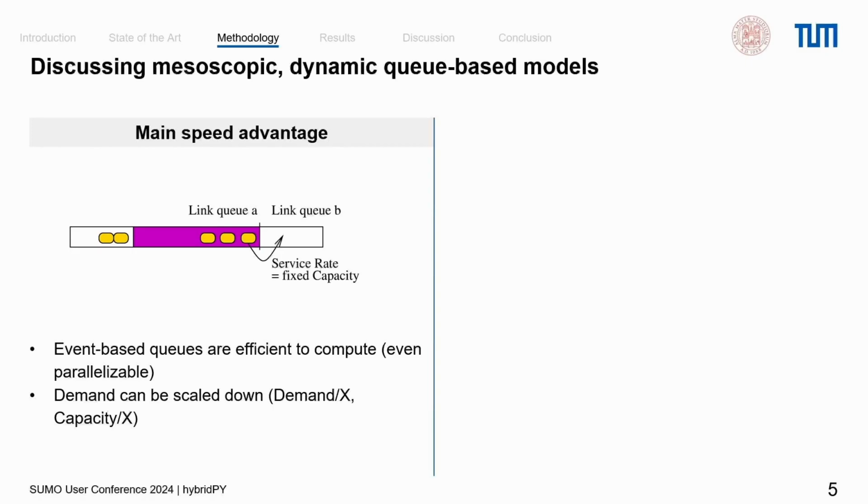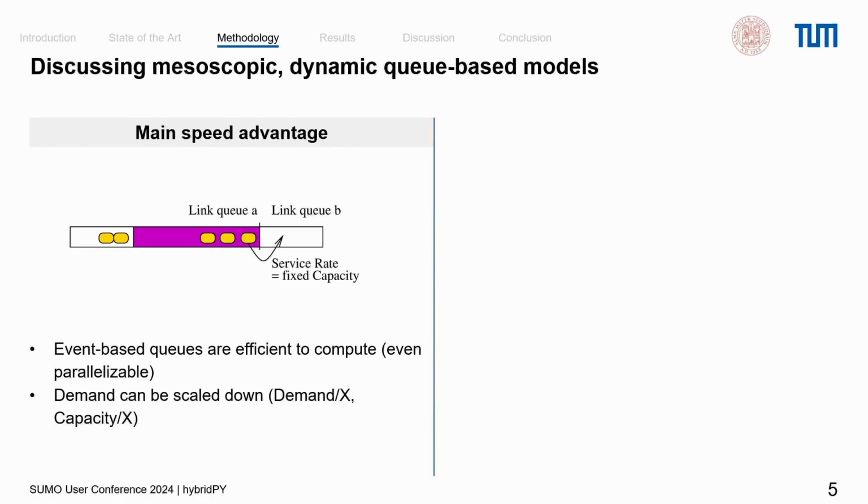This constellation is very fast to simulate, because we don't really have time steps. We have this event-based simulation, and we can even parallelize it, even though it's not really done yet in MATSim.